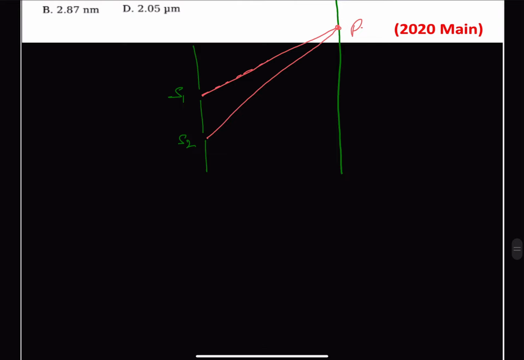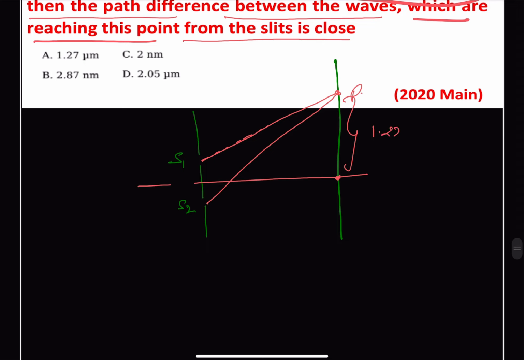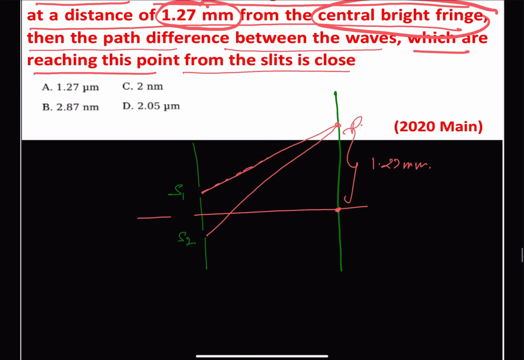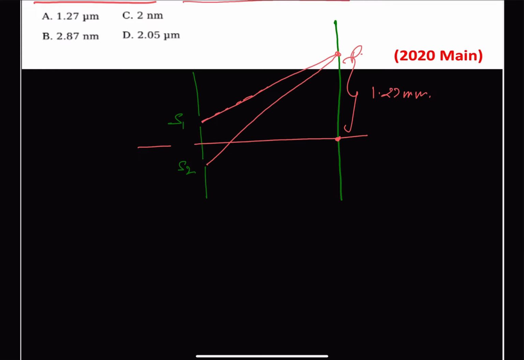So this will be our central bright fringe, and this distance is given as 1.27 millimeter. We have to find out the path difference between the waves. If we draw a perpendicular, this is the path difference, and we are supposed to find out this delta of x, and this is a capital D, and the distance between the slits is given as small d.